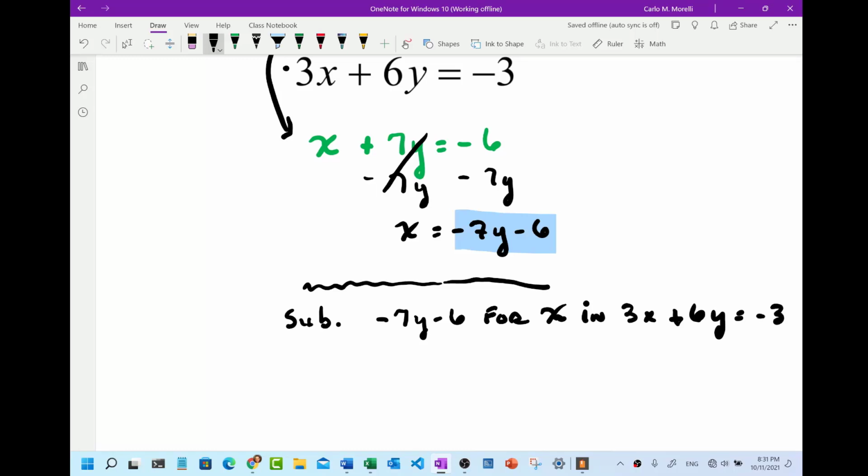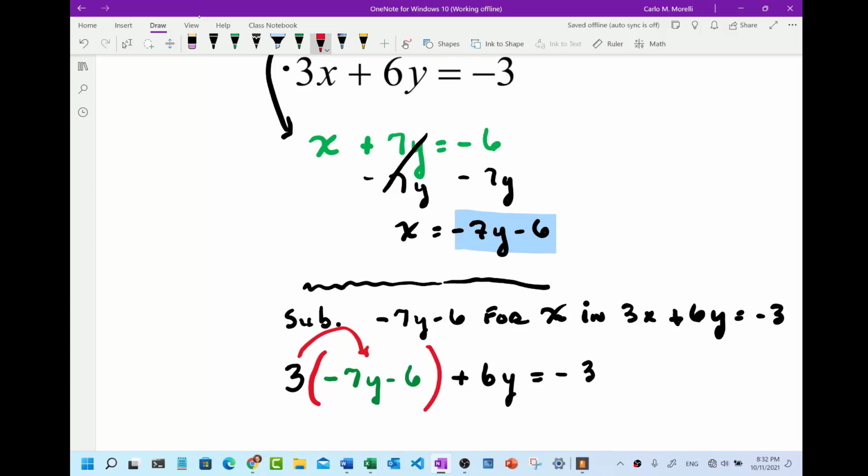Okay, so let's go ahead and do that. 3, open parentheses, and now let's put what we found, negative 7y minus 6, close parentheses, and then we write plus 6y equals negative 3.